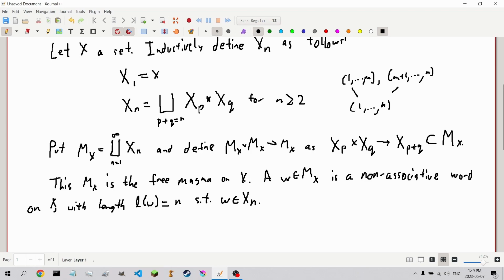So essentially it's how many elements are in W.